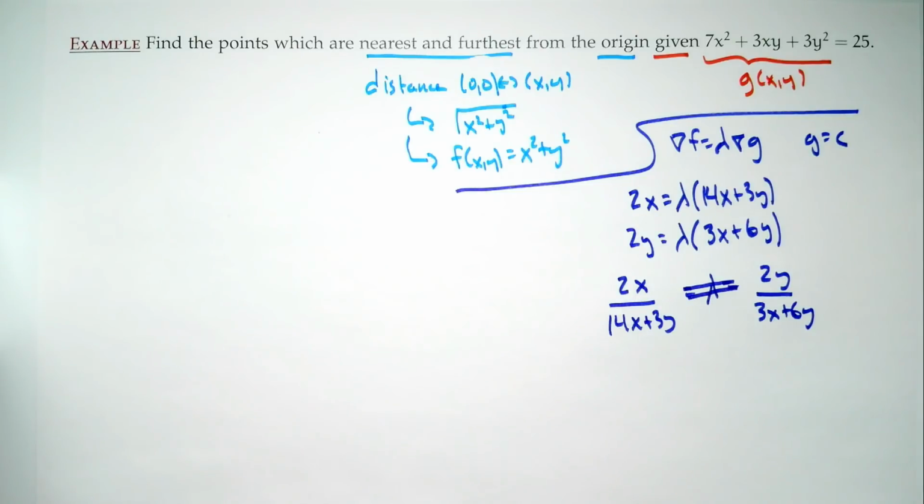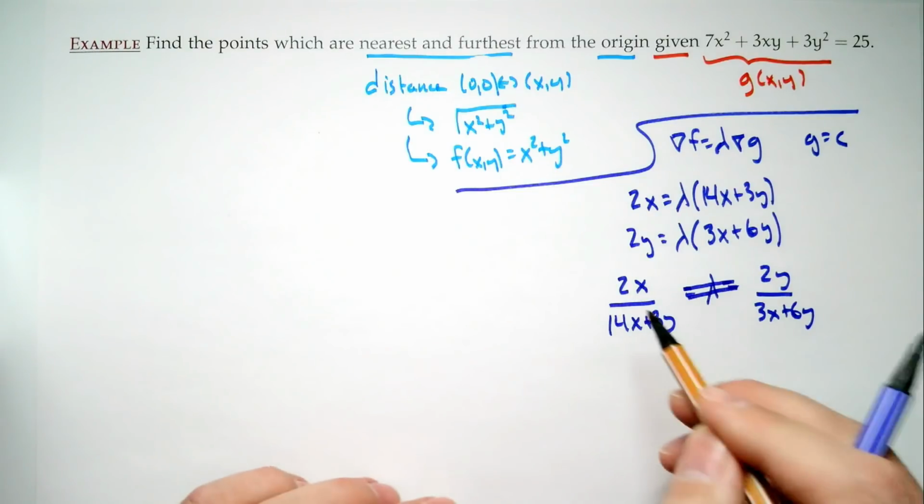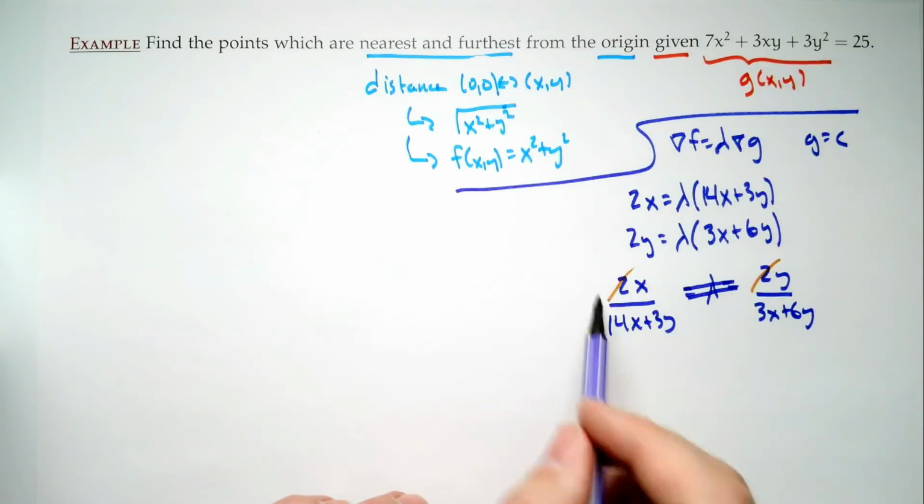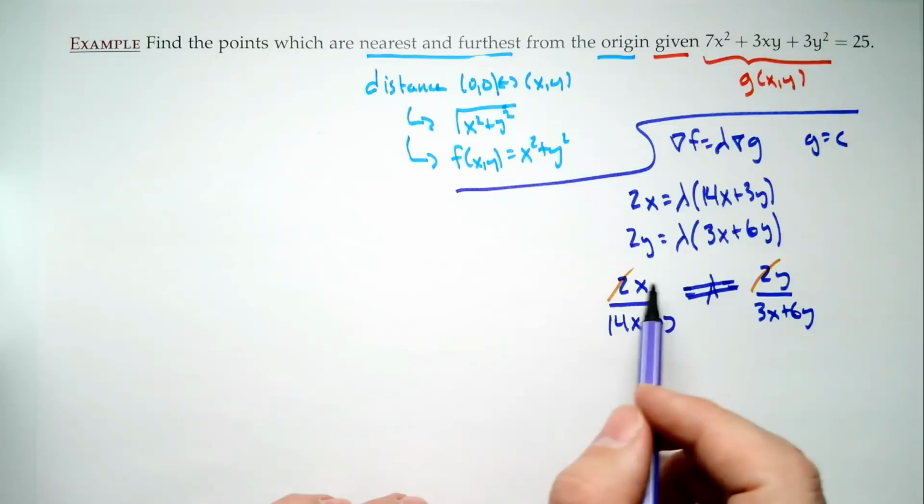Okay, so some things we can do. Well, let's just note both sides have a 2. We can go ahead and cancel the 2 before we get too far down. And I don't like fractions. It's just a weakness of mine. So if I don't like fractions, what I do is I get rid of the fractions. And the way to get rid of the fractions here, cross multiply. So I'm going to multiply the x times 3x plus 6y.